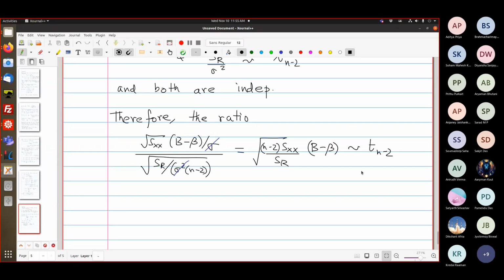This is a t random variable with n minus 2 degrees of freedom. Right, so exactly like before.